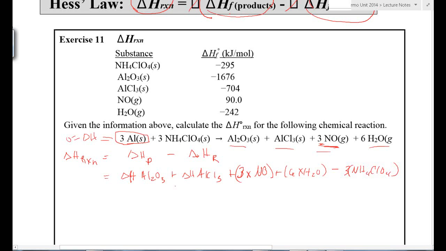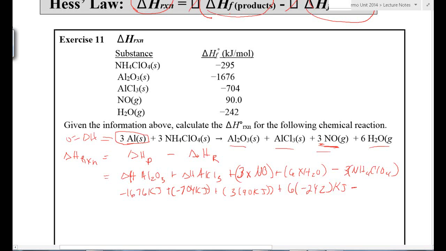Okay? So now I can plug in the numbers, and I'm going to have minus 1676 kilojoules plus minus 704 kilojoules plus 3 times 90 kilojoules plus 6 times minus 242 kilojoules.